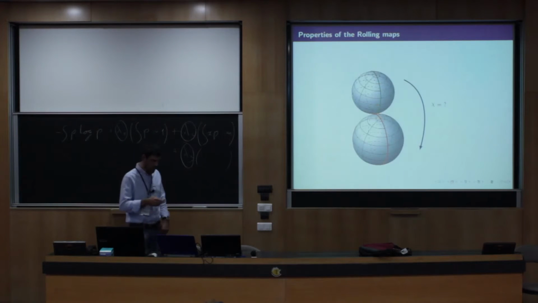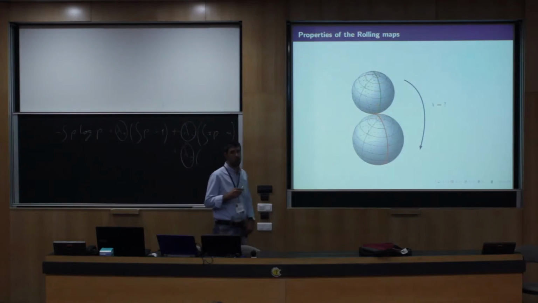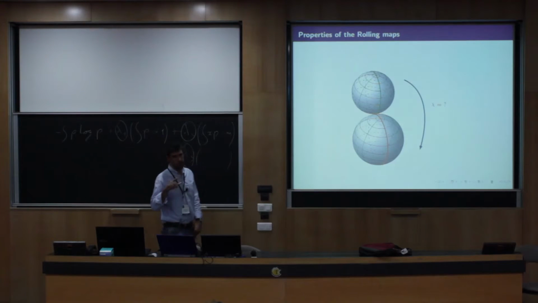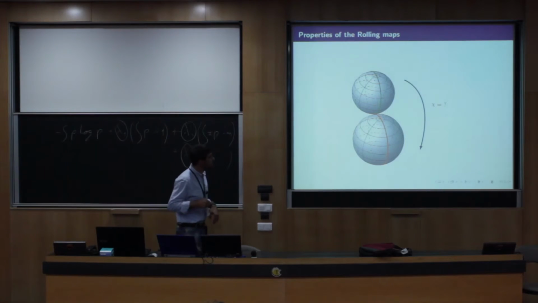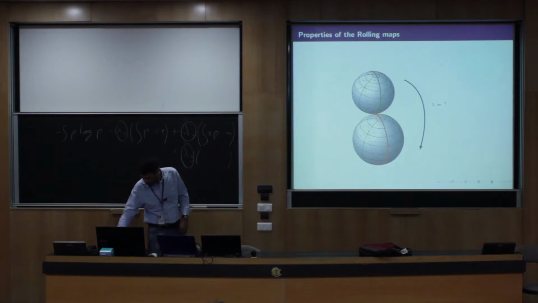Okay, so there are two important properties of the rolling maps that can reduce the study of rolling a manifold upon a general manifold to the study of rolling a manifold upon an affine tangent space to a given point. So these are the symmetry property.